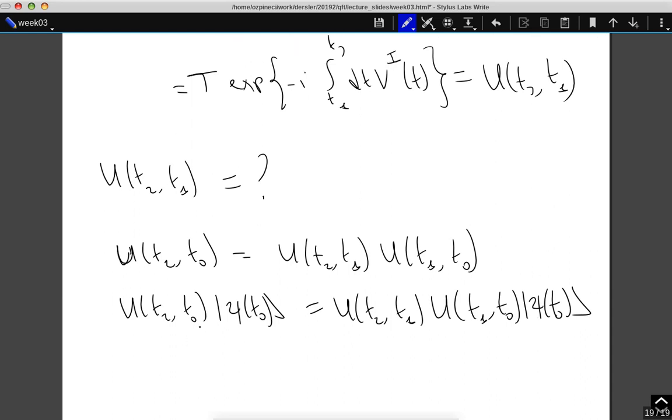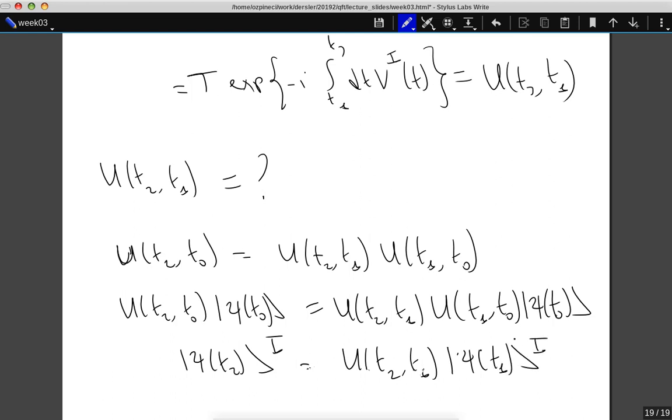But the left-hand side is psi of t2 in the interaction picture. The right-hand side is U of t2, t1 times psi of t1 in the interaction picture. So this U of t2, t1 does actually evolve my interaction picture states from the time t1 to the time t2.